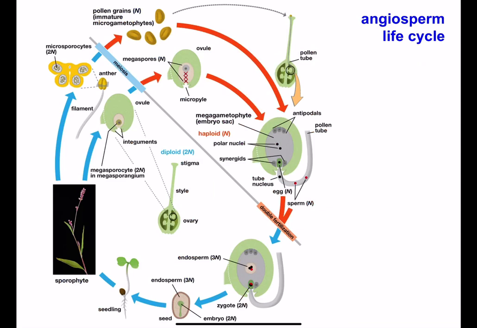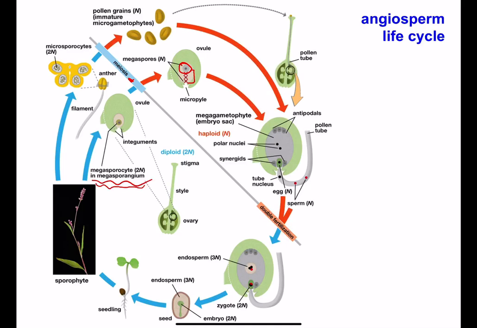Here's a nice angiosperm life cycle chart. I like this one. It's simplified compared to another one that I'm going to show you in a sec, and it has what we just talked about. First, we've got the megaspore, still on the blue diploid side here on the left. That megasporocyte undergoes meiosis, and one of the 4 meiospores will survive.